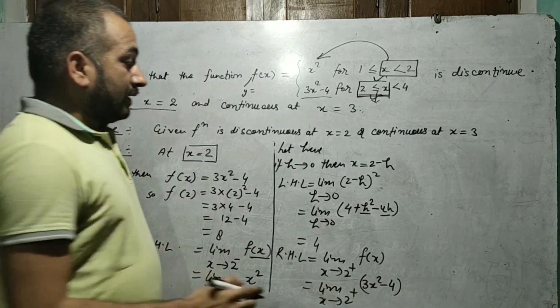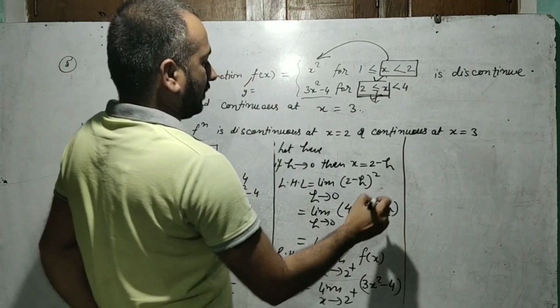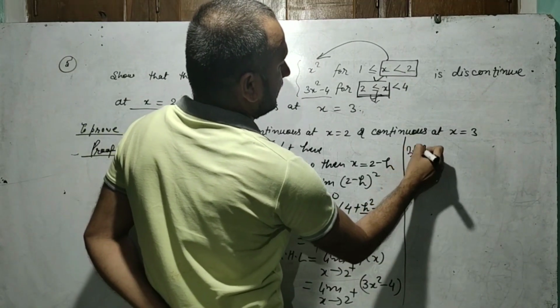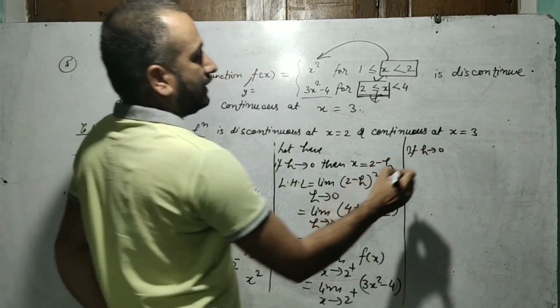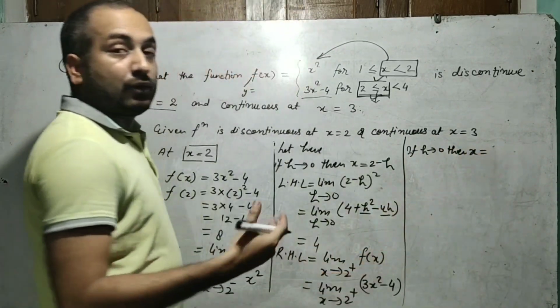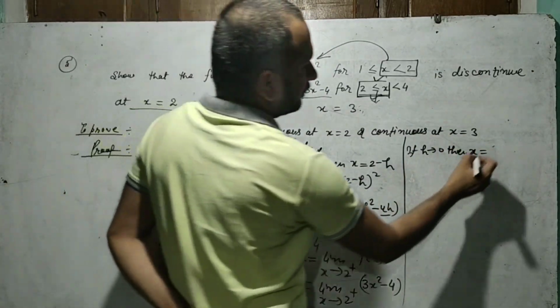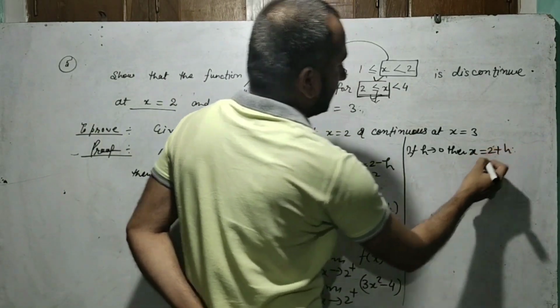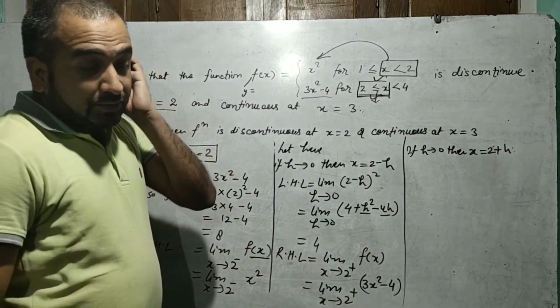Now I am converting it. If h is tending to 0, then x will be 2 plus h.